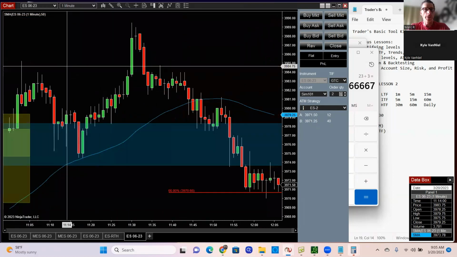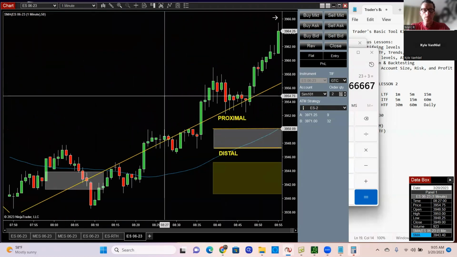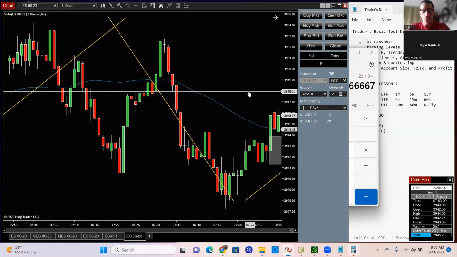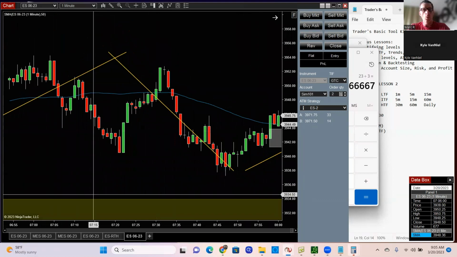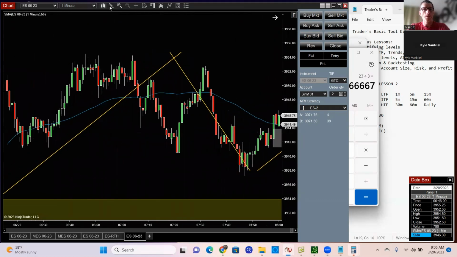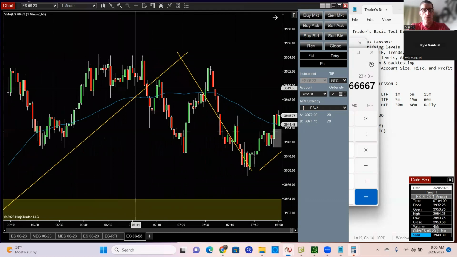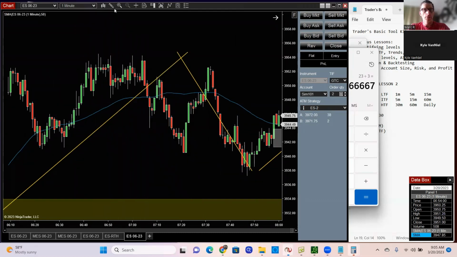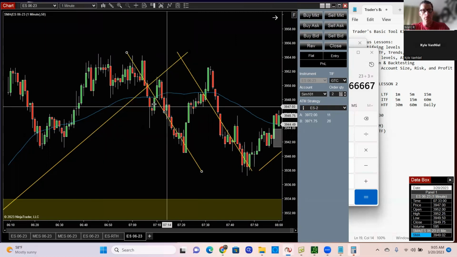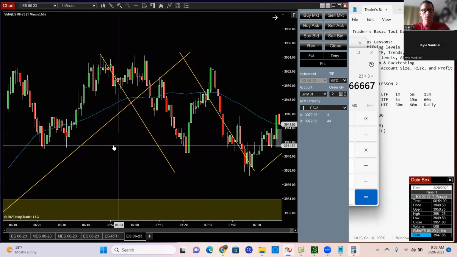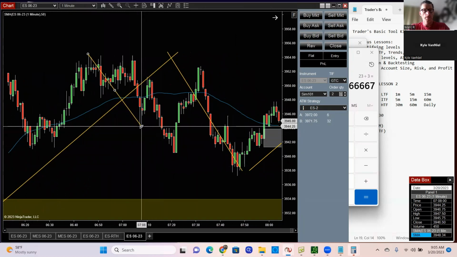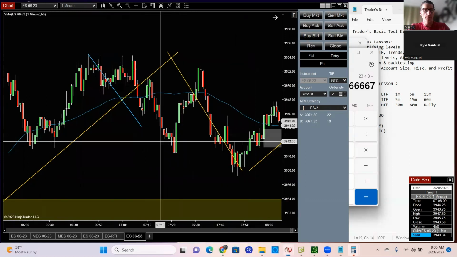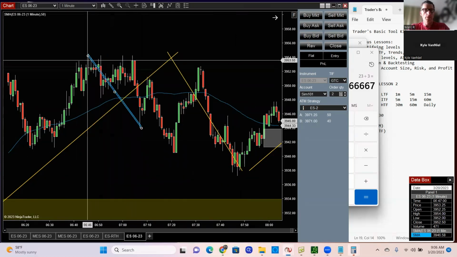Now let's look at your 1-minute trend for a moment here. At 8 a.m., you do have a momentary 1-minute downtrend here, right? You use a blue line. Okay, so here's your 1-minute.